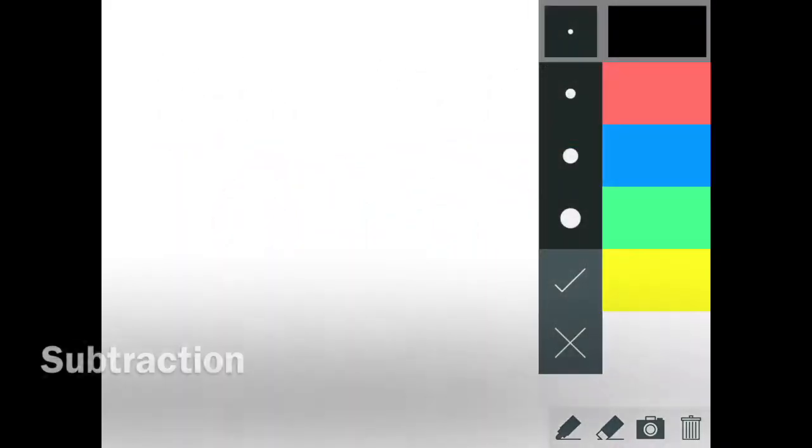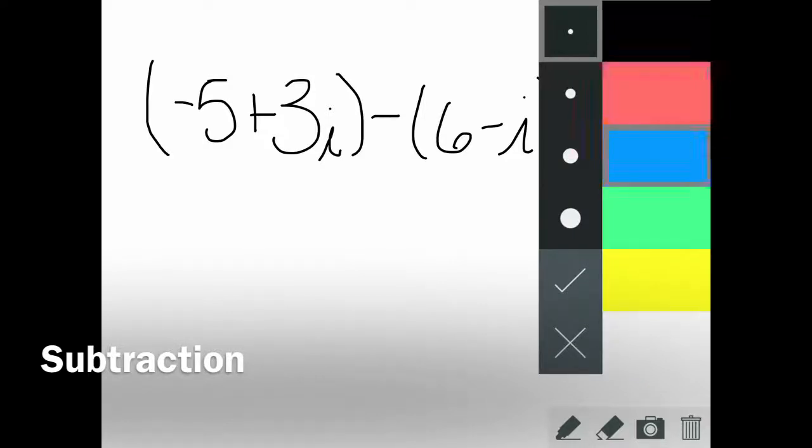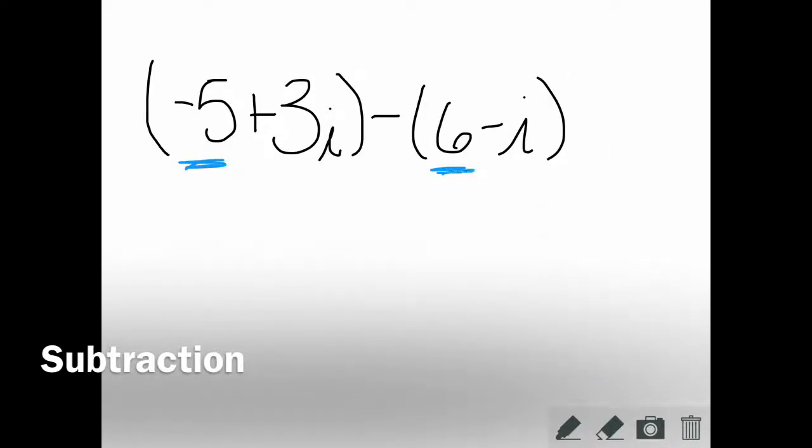On to subtraction, and it is almost the same thing. And this problem is going to be -5 + 3i - (6 - i). And first again, you're going to do the common terms. In this case, that is -5 and 6, and then you would get -11.